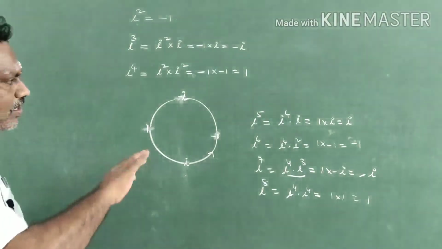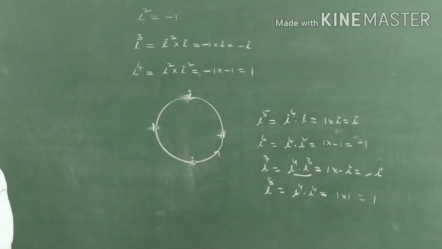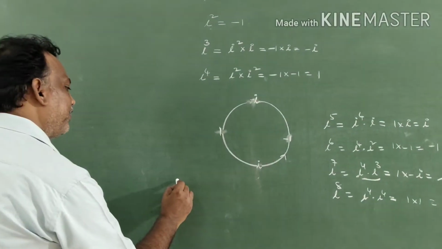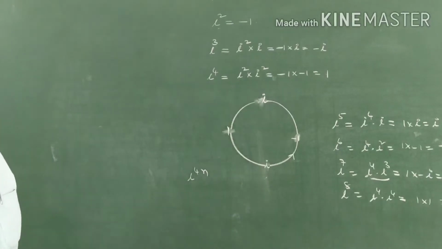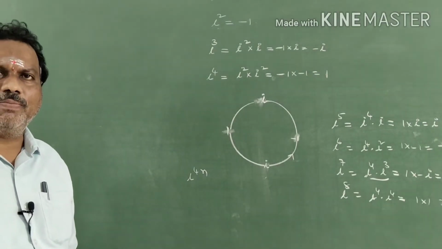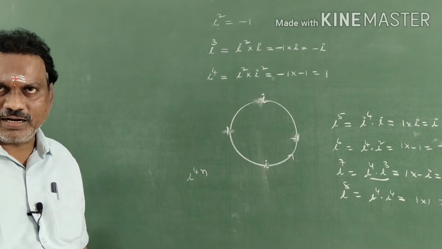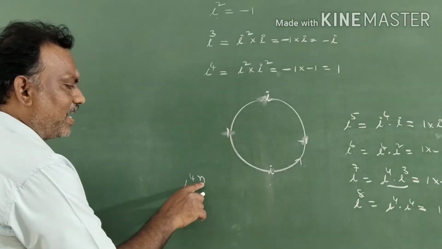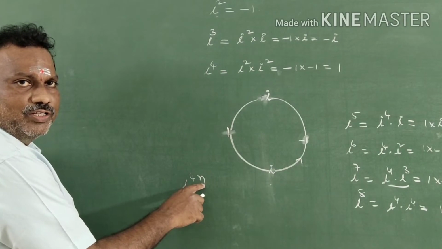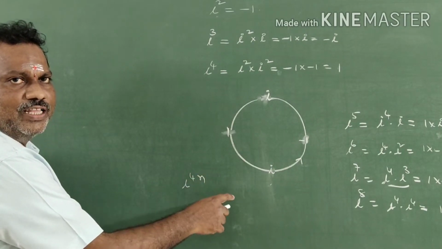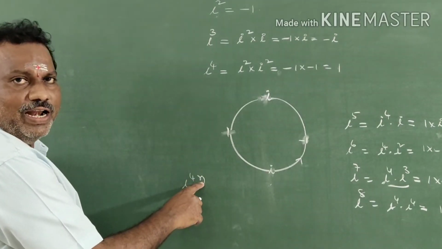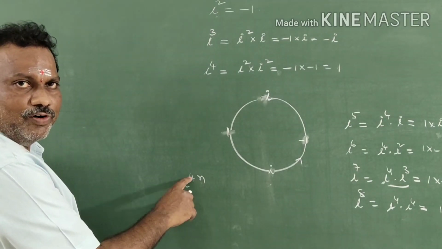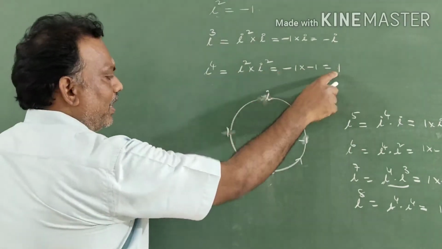From all this, we conclude one general formula. You see the general formula: i to the power of 4n. What is meant by 4n? Here n is any whole number or positive integer. If I take n equal to 0, 4 into 0 is 0, i⁰, and anything to the power 0 is 1. If you substitute n equal to 1, 4 ones are 4, i⁴ is 1.